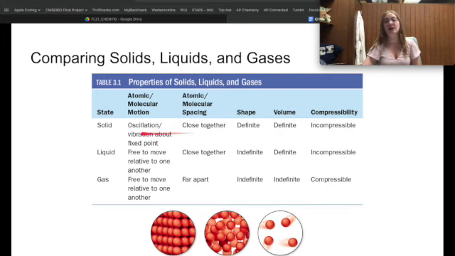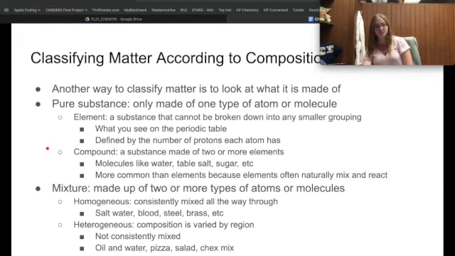Or if I say, I have atoms, they're very close together, but they can fill the shape of their container. It's not compressible, yet the atoms are still free to move relative to one another. Well, you should be able to know then that I'm describing a liquid, okay?